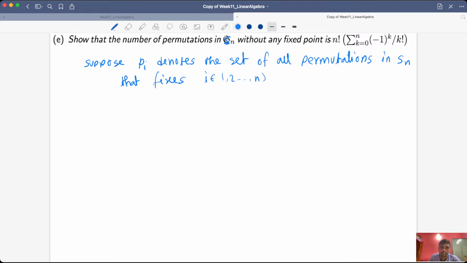Okay, so this Pi is defined for 1 through n.